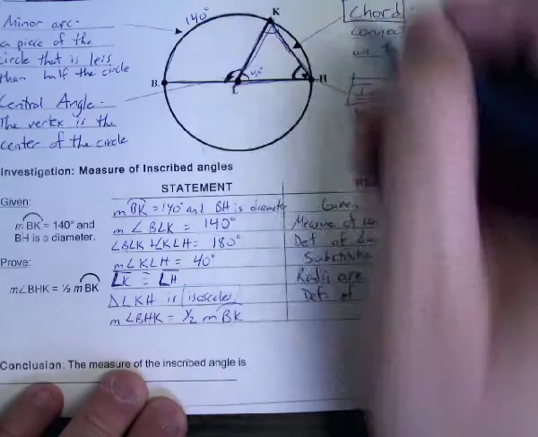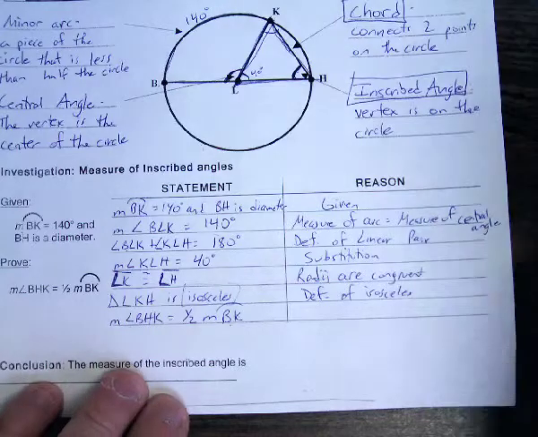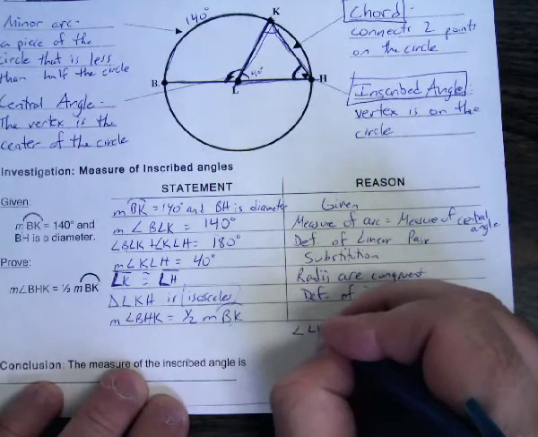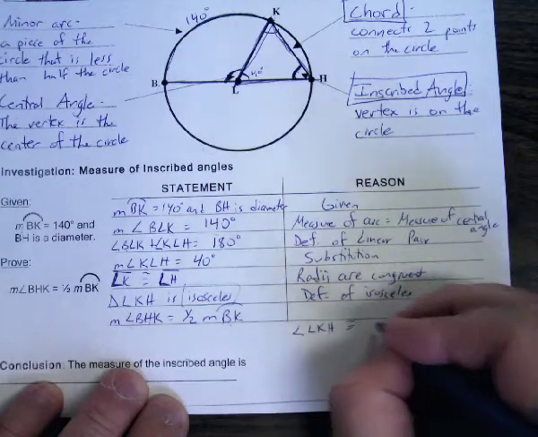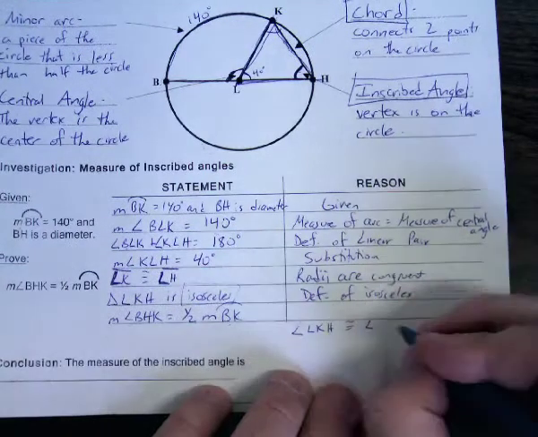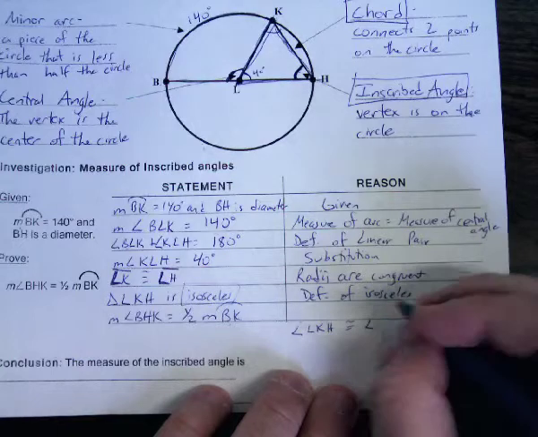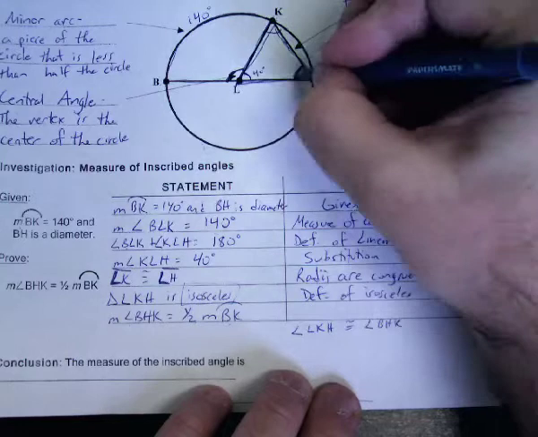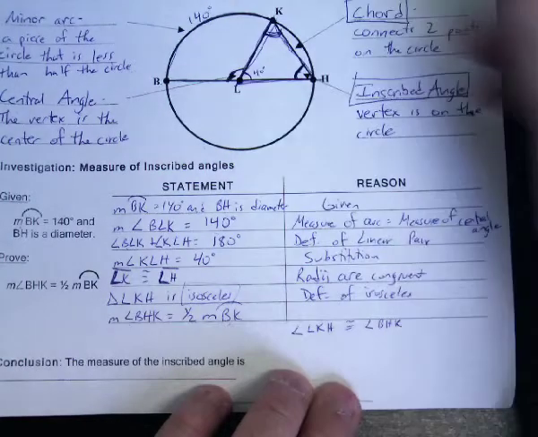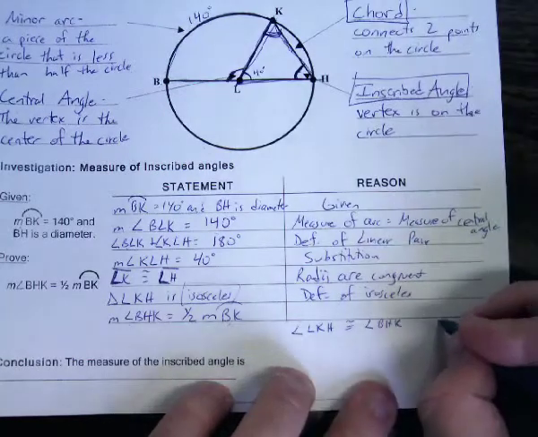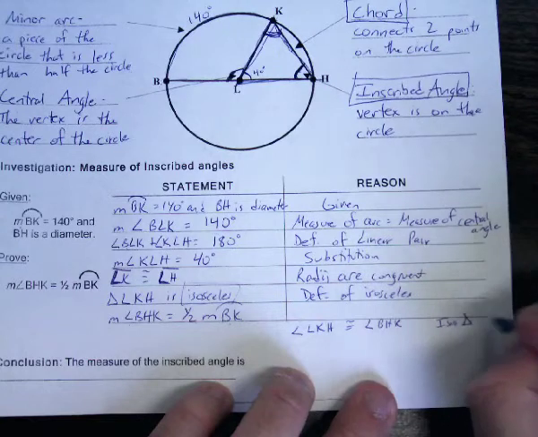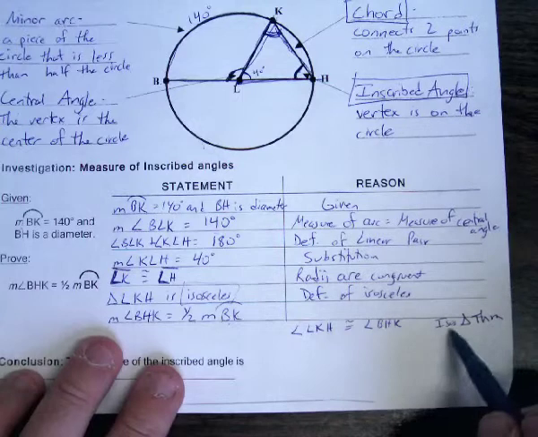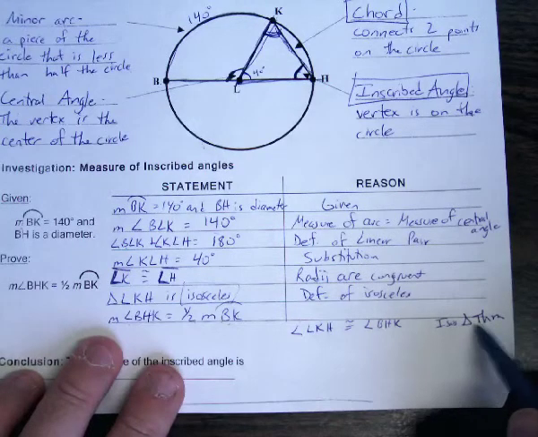This angle and this angle are the same. So angle LKH is congruent to angle BHK. This angle right here and this angle right here are congruent. Why? Isosceles triangle theorem. So I abbreviated that with ISOS, the triangle theorem.